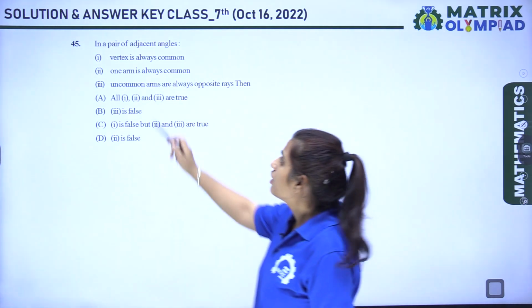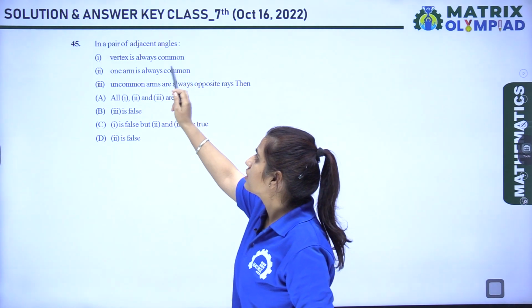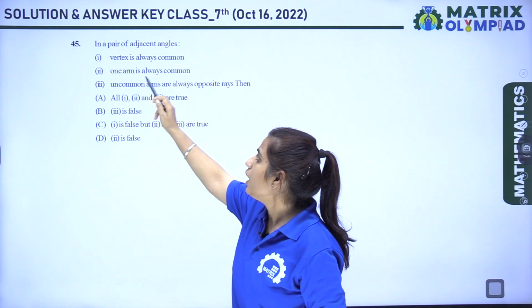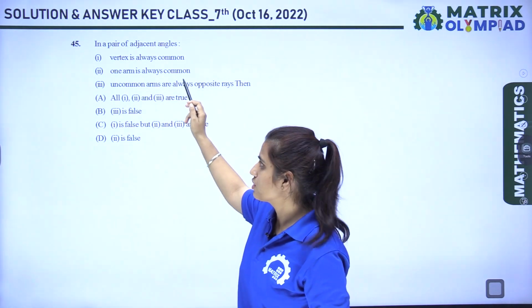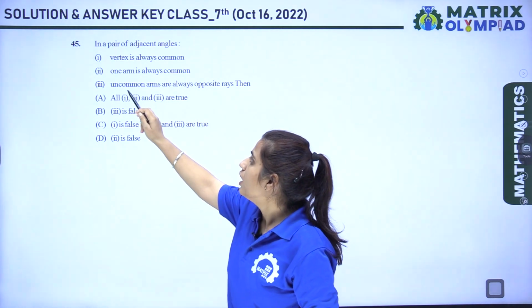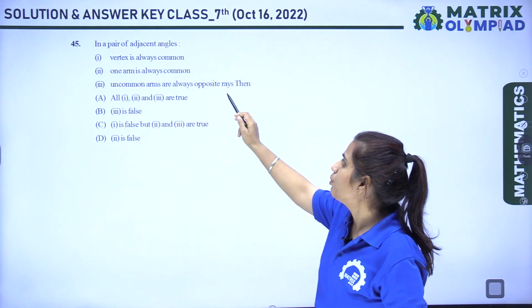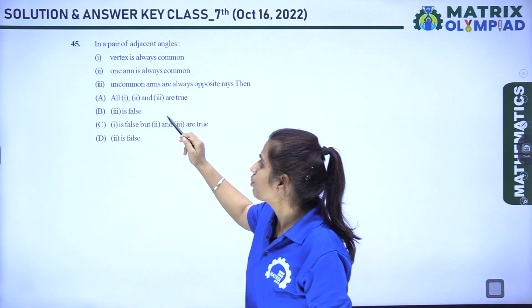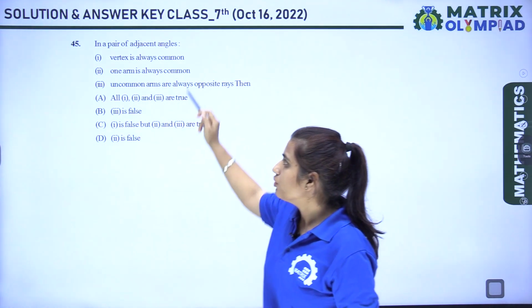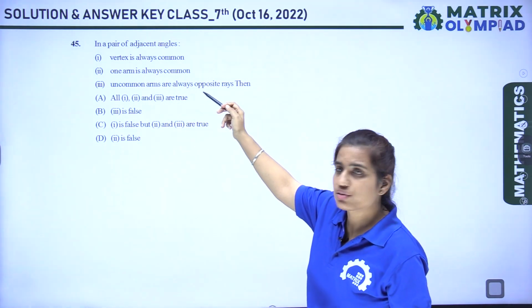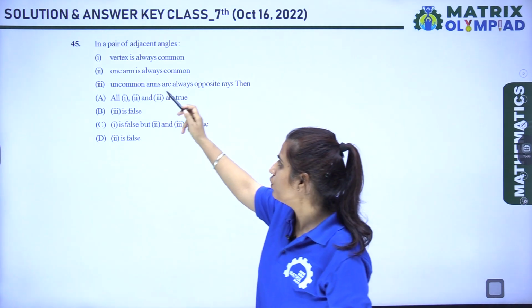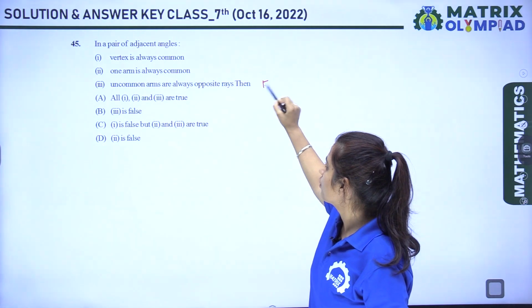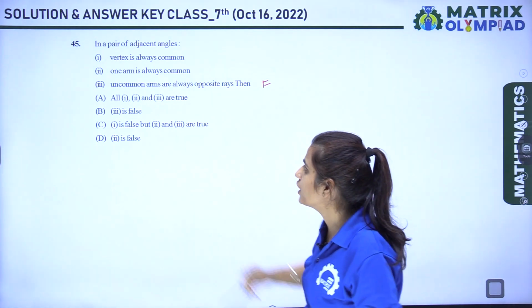Next is, in a pair of adjacent angles, vertex is always common. Yes. One arm is always common. This is also true. Third is, uncommon arms are always opposite rays. Then the options are given to us. Now by reading these 3 statements, you can conclude that statement 3 is not true, meaning this is a false statement.